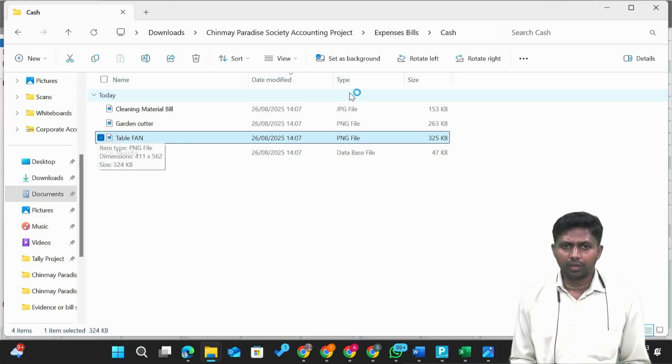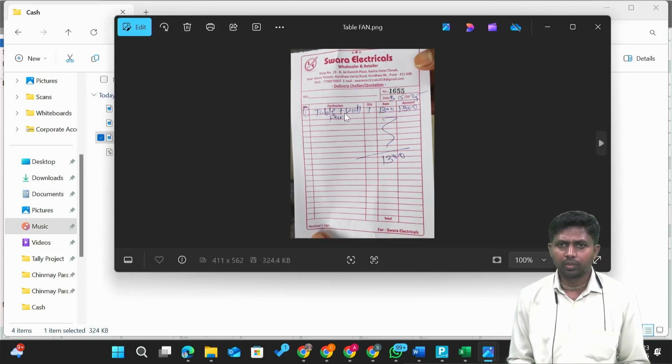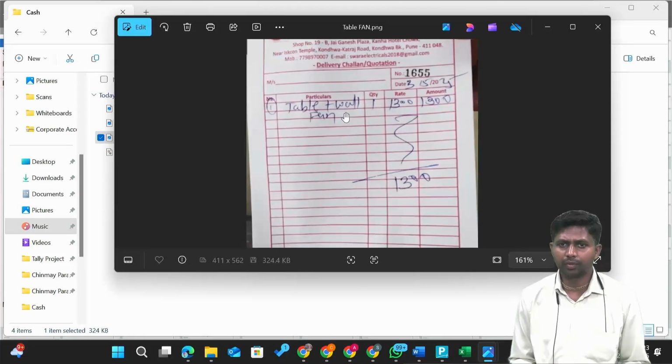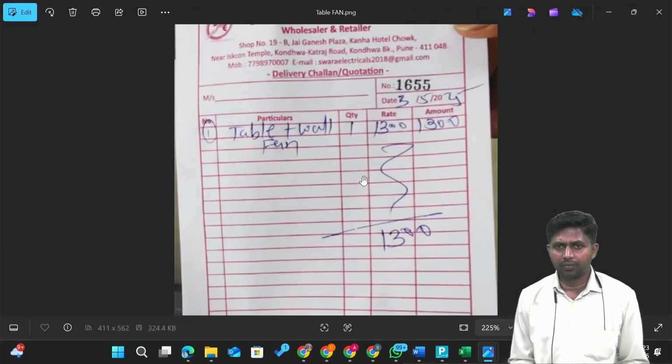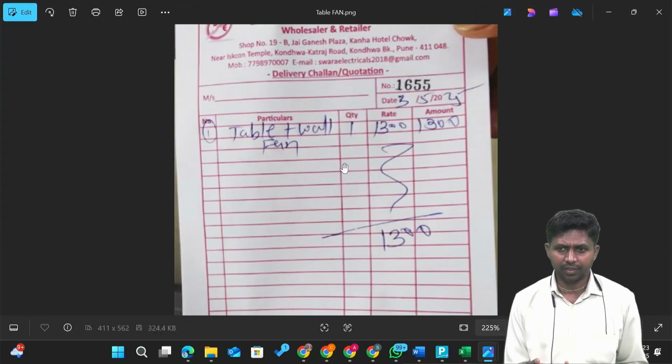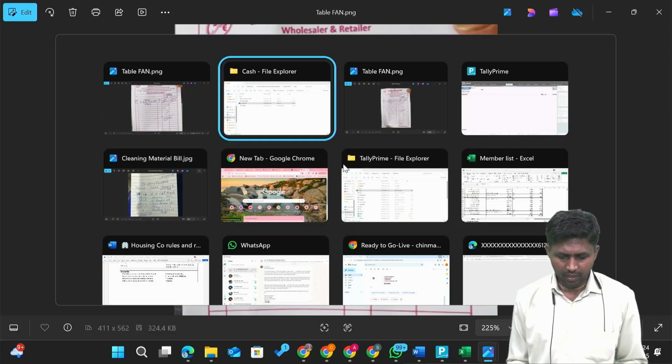Therefore we'll put this under fixed asset, electrical equipment. This is fixed asset purchase because the benefit of table fan you will get for more than 1 year, and significant amount 1300. Why not to say this as a fixed asset? We'll say this fixed asset.